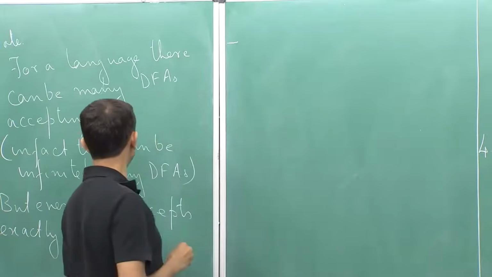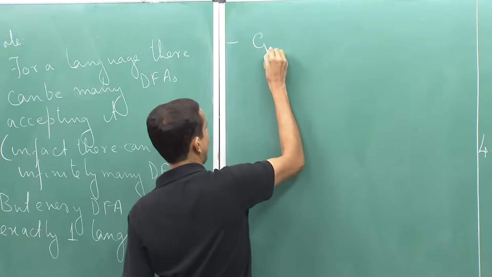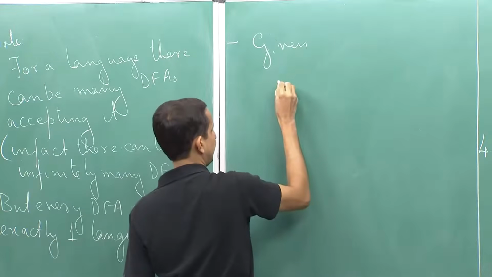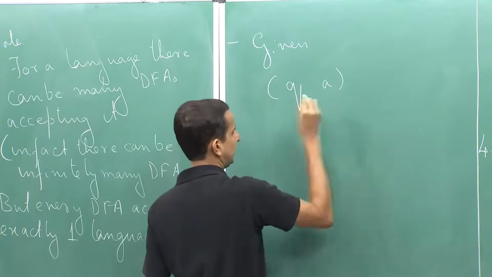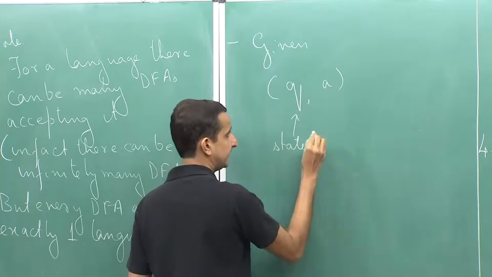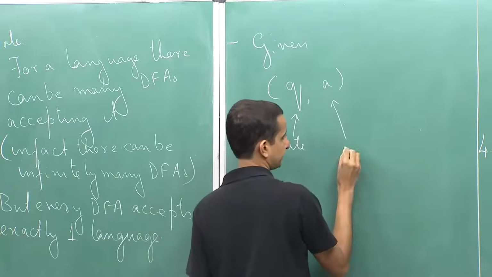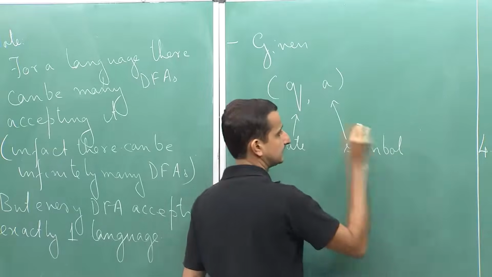So, the second point that I want to make is that, given a pair of the form, let us say q comma a, okay, where q is a state and a is a symbol.